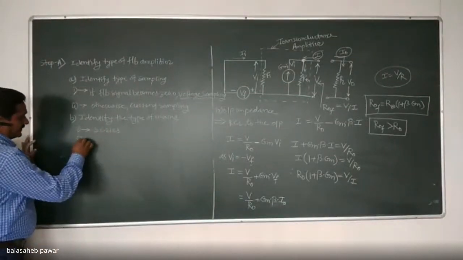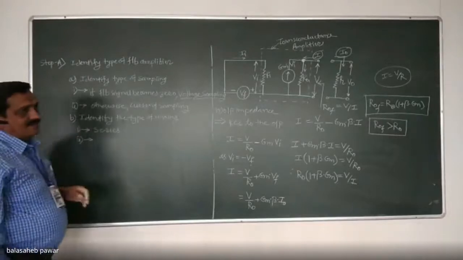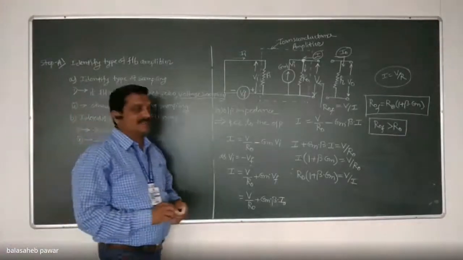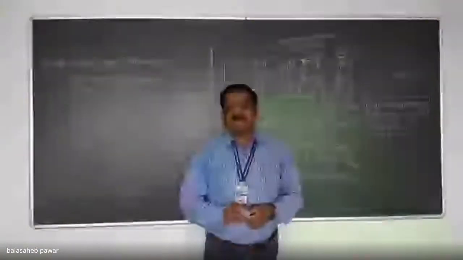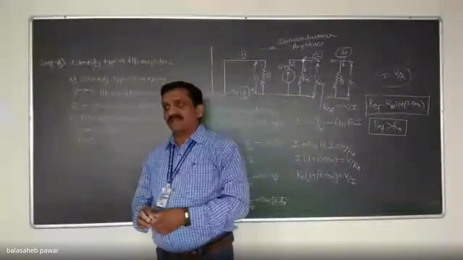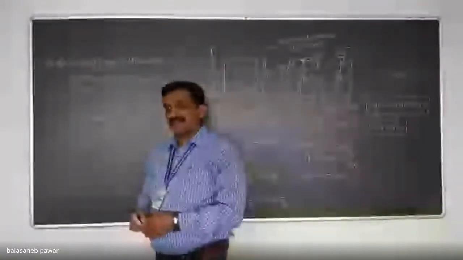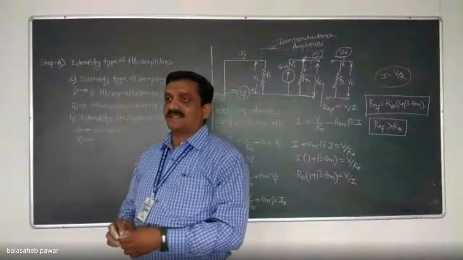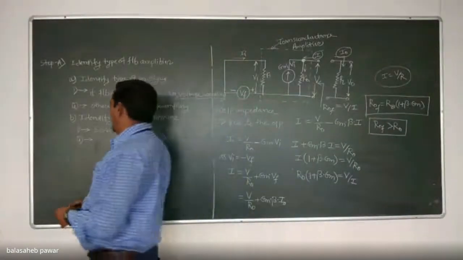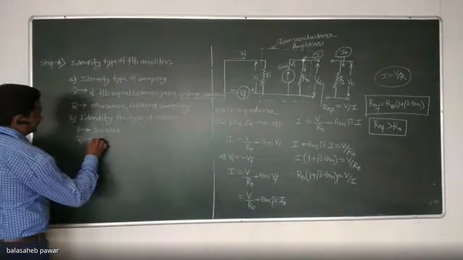And second, if the feedback signal gets subtracted from the original signal source as a current, then it is shunt type of mixing.